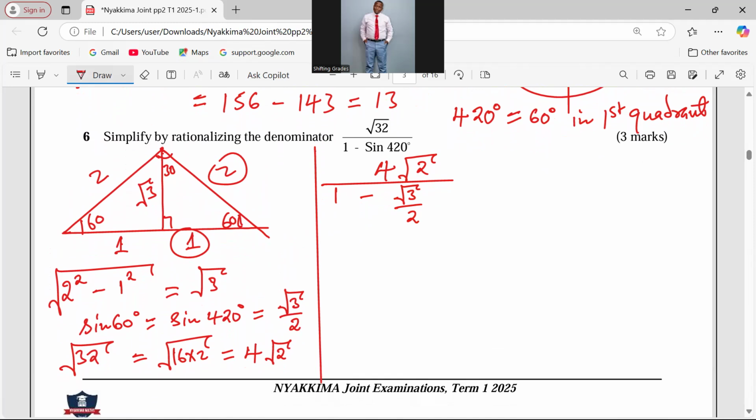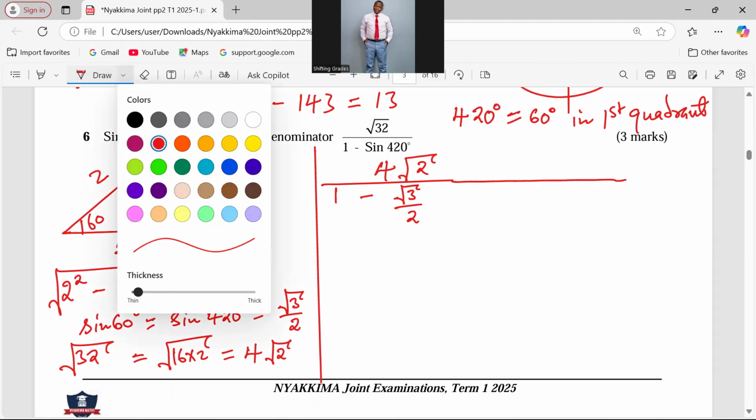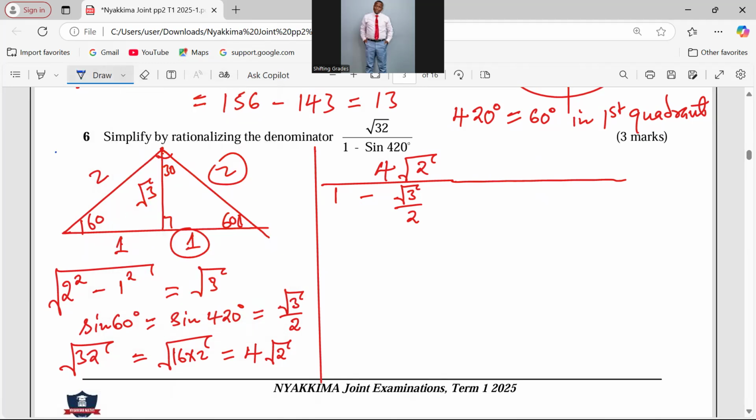So now with this, we go directly to rationalizing the denominator, whereby to rationalize the denominator, we have to talk about what we call the conjugate. The conjugate of the denominator is 1 plus the root of 3 over 2. Then up there, we also multiply by the same conjugate. We multiply the numerator and the denominator.